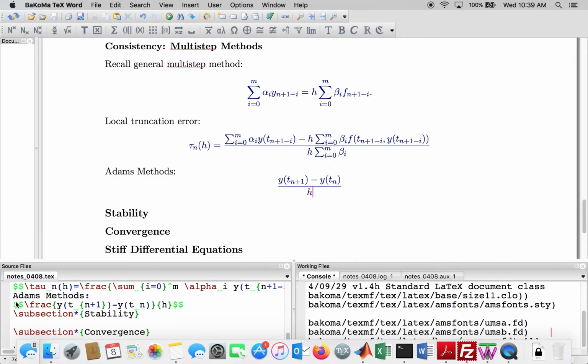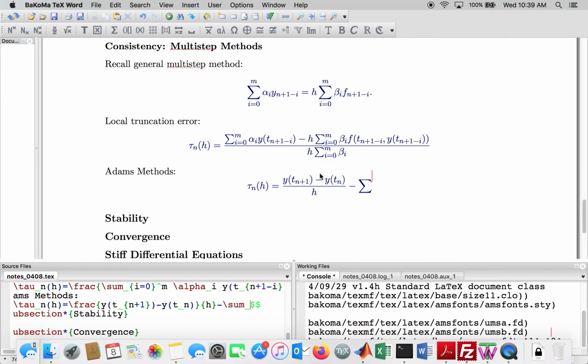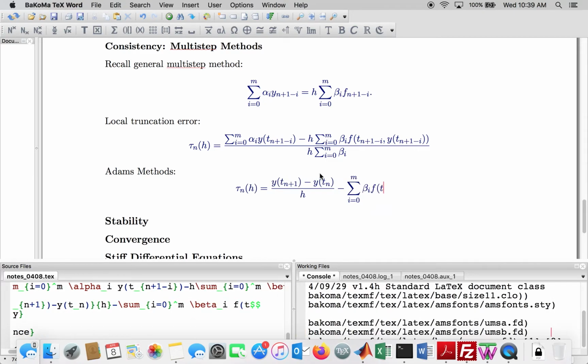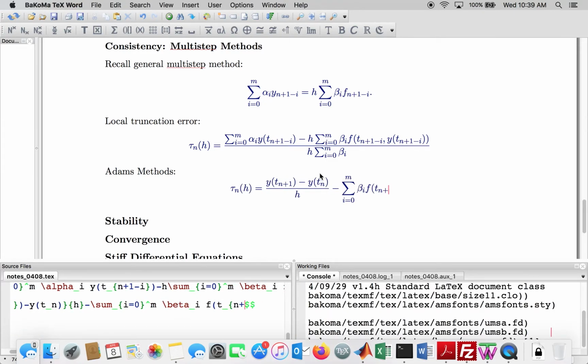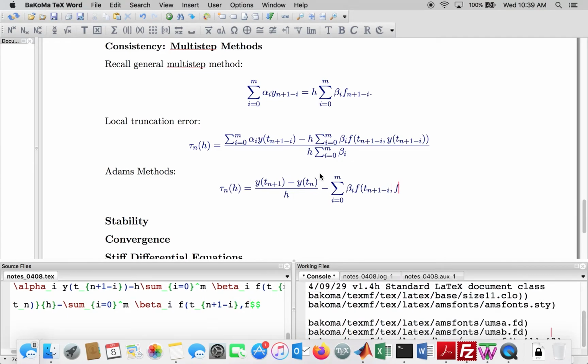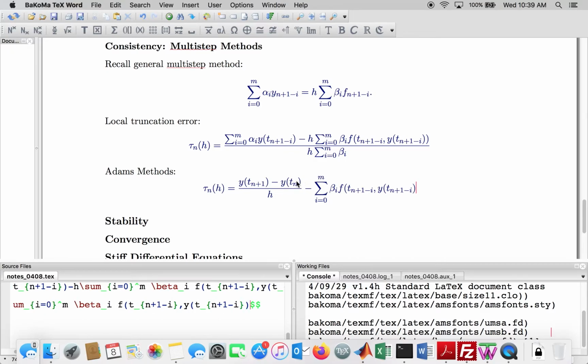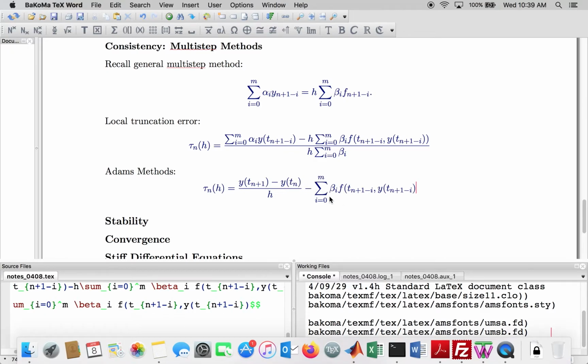All right, this is tau n of h, minus, and for the rest of it, that'll be 1, the h's will cancel, and we'll get a sum of beta i f of t n plus 1 minus i, y of t n plus 1 minus i. So that's what it reduces to in this case.